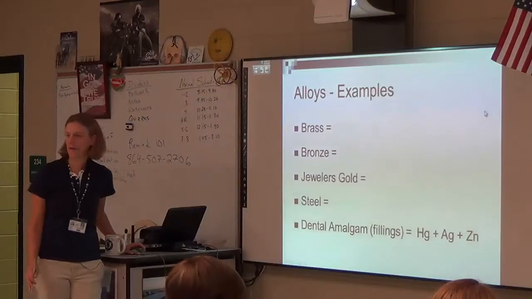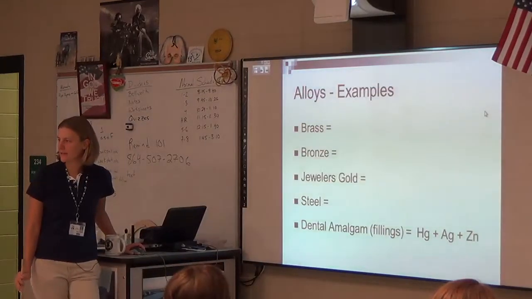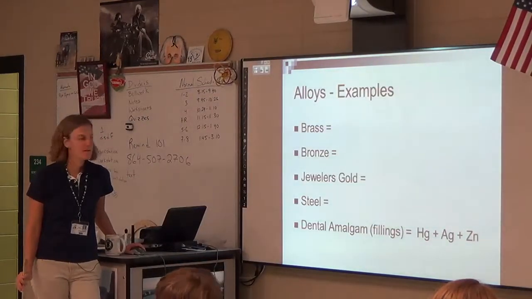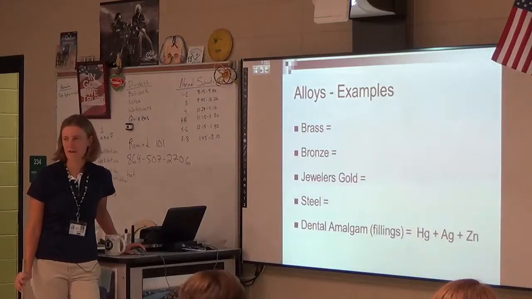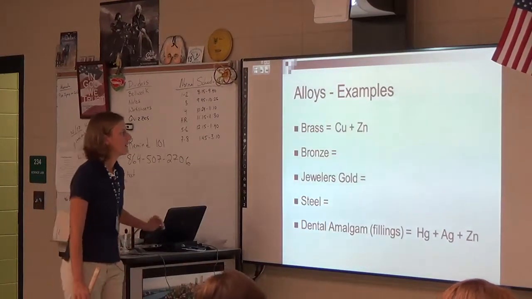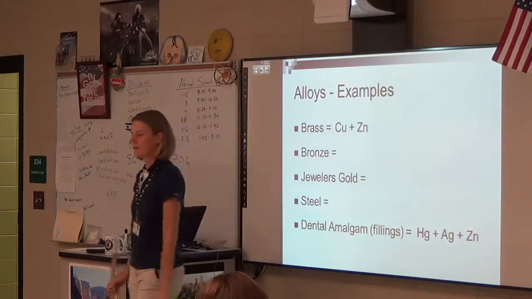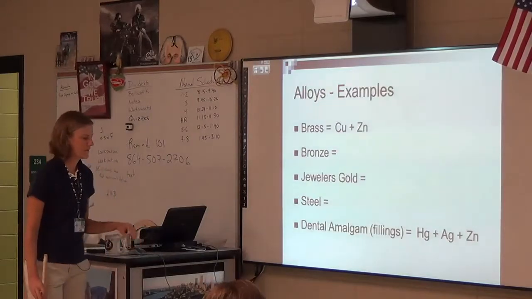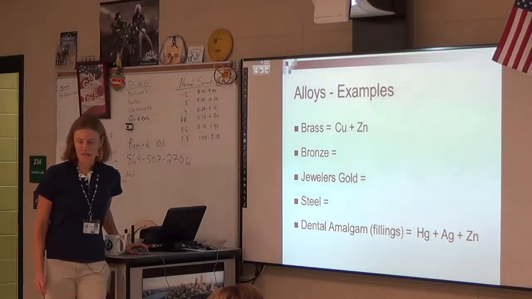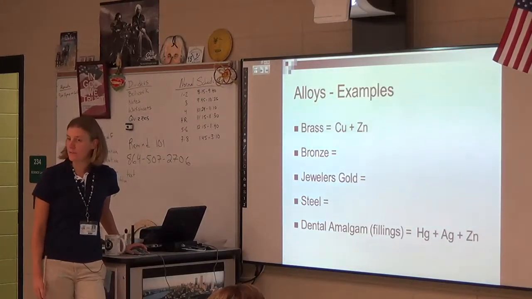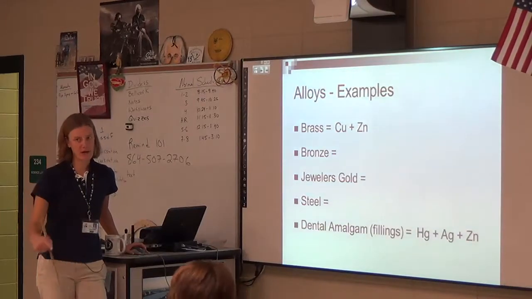So a few examples. Brass. Anyone know what makes up brass? Copper? Iron? Not iron. Do you even know what Zn is? Zinc. Okay, good. And we are going to need to know the element symbols, some of them, for the next chapter.